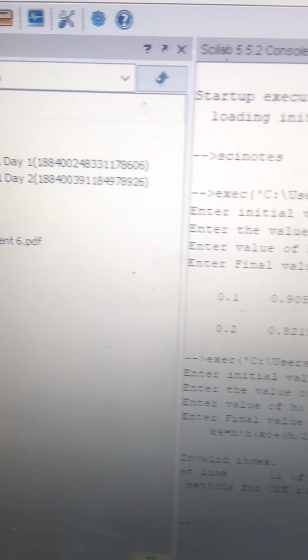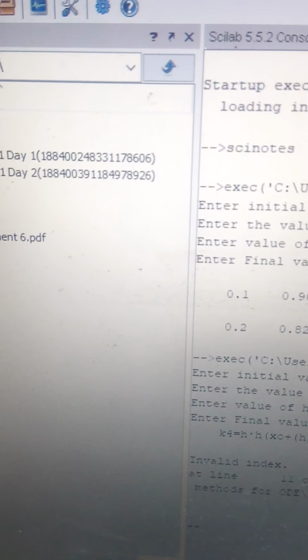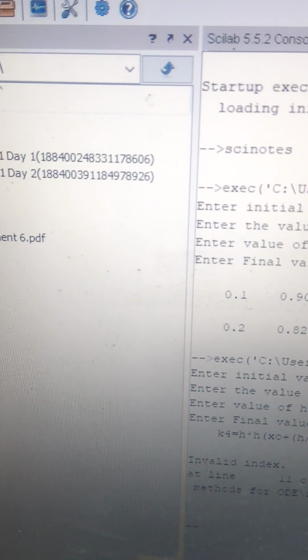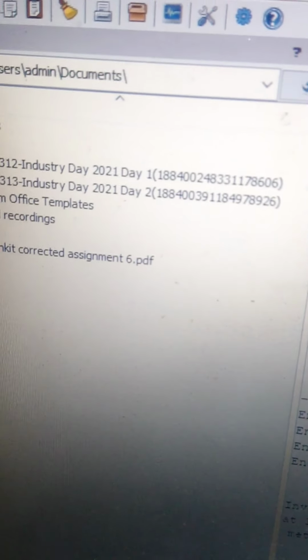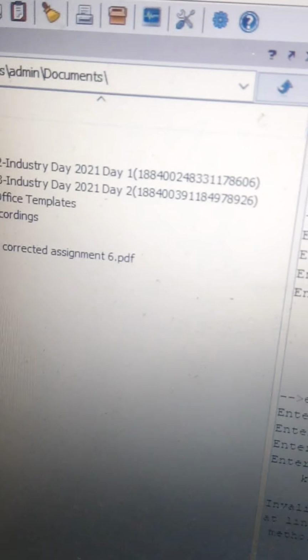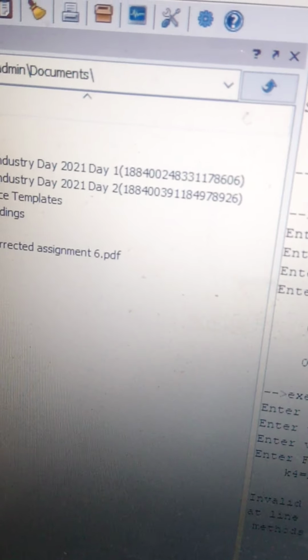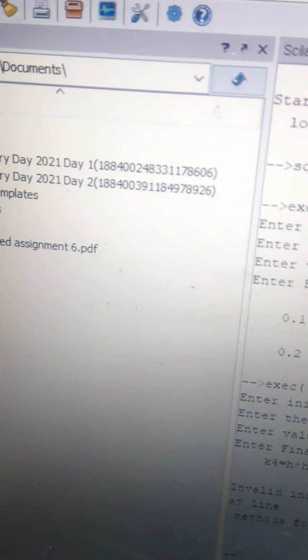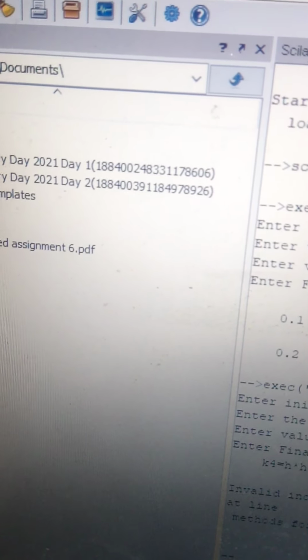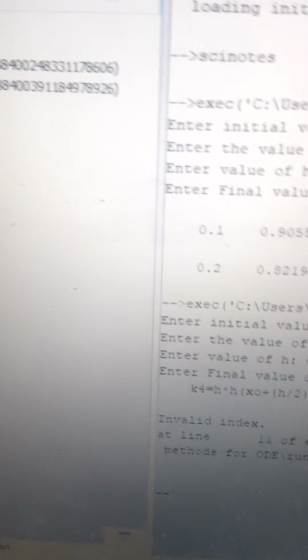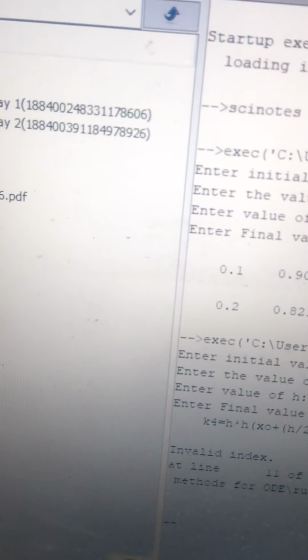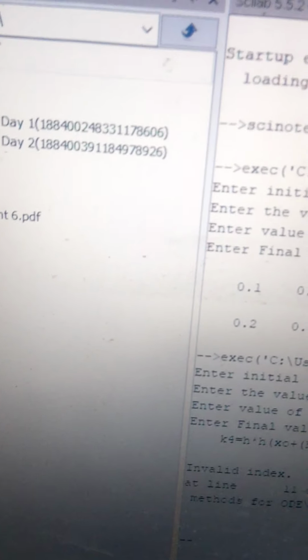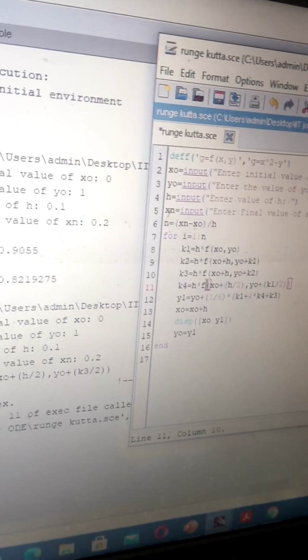It's k1. h into, yeah, this was the error.